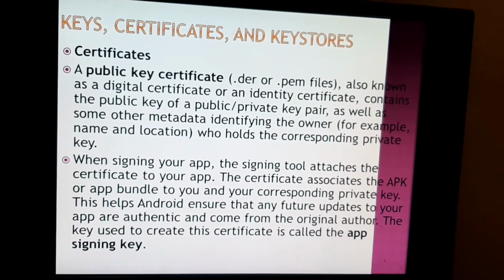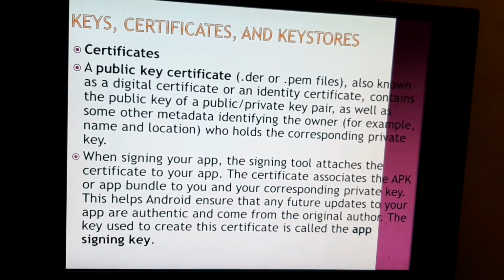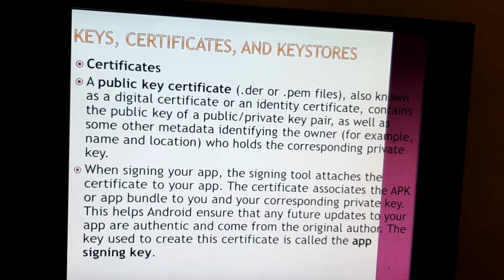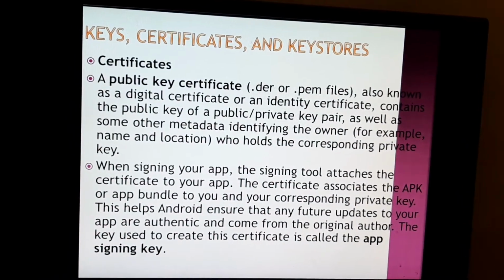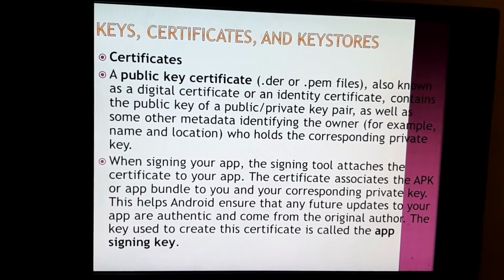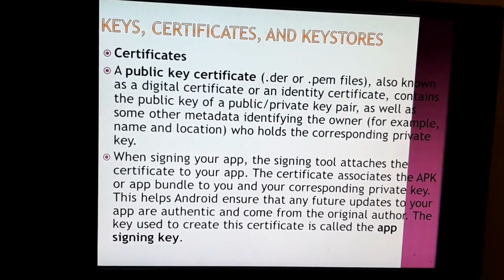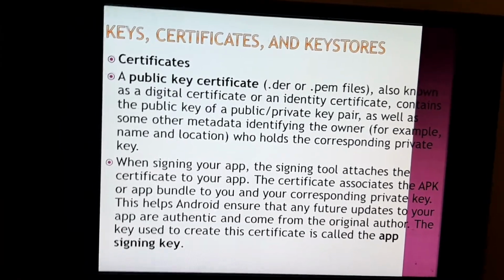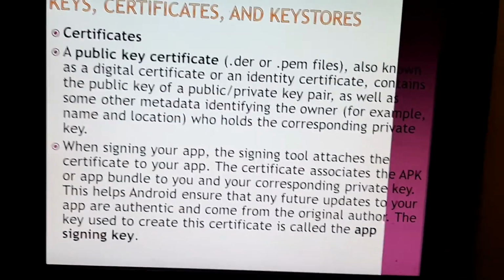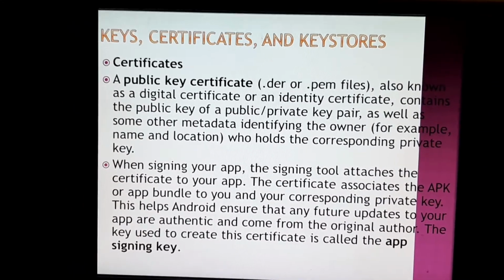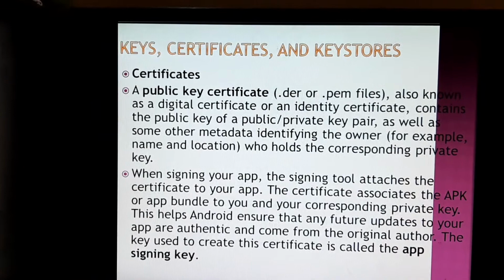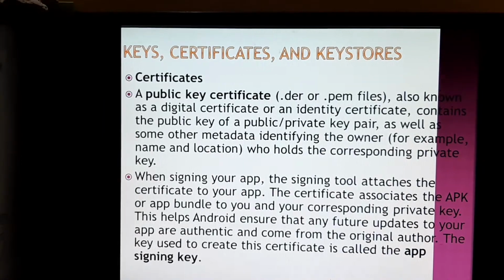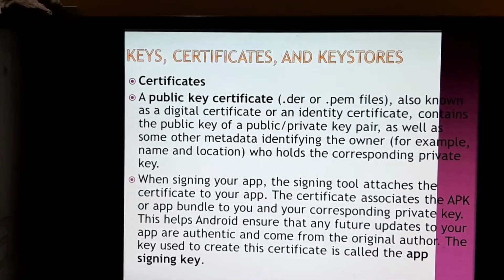Now I have just discussed what keys, certificates and keystore are. When it comes to signing your app, it's important to understand the concepts and definitions described. What is a certificate? A public certificate, given by .der or .pem files, also known as a digital certificate or an identity certificate, contains the public key of a public or private key pair as well as some other metadata identifying the owner, for example name and location, who holds the corresponding private key.